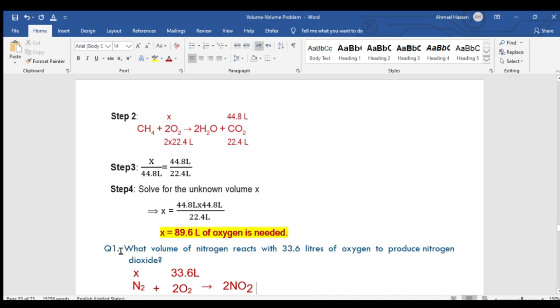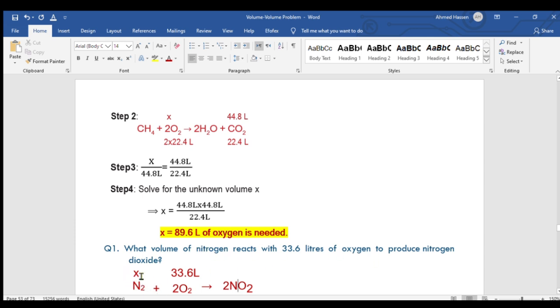Another question: what volume of nitrogen reacts with 33.6 liters of oxygen to produce nitrogen dioxide? First of all, you should write the balanced equation. Nitrogen burns with oxygen to form nitrogen dioxide. What is given is the oxygen volume, 33.6 liters, and what is required is the volume of nitrogen.